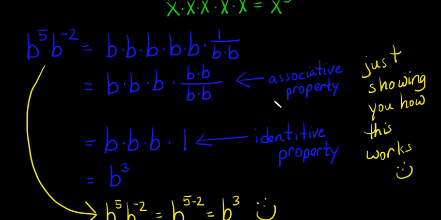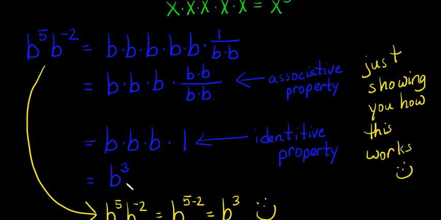Well, if I associate some of my b's together, now I have 3 b's over here and 2 b's in the denominator. Well, that reduces to 1, right? So it's b times b times b. That's the identity property because that reduces to 1.